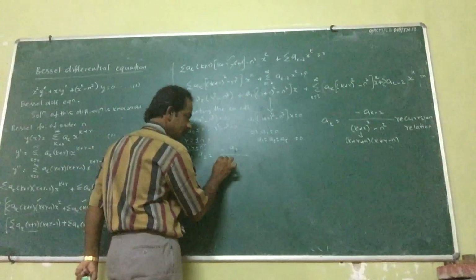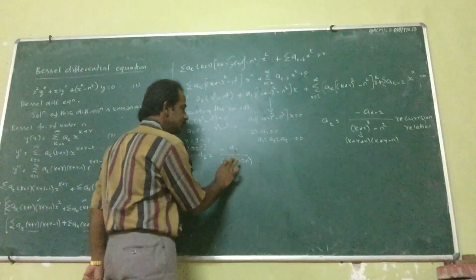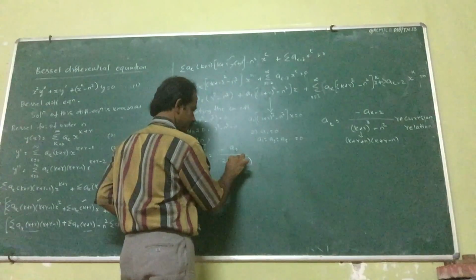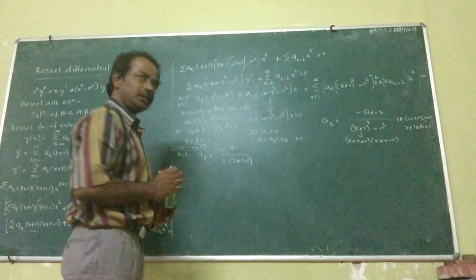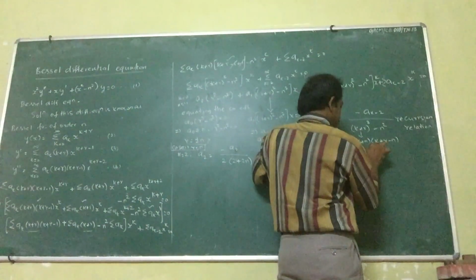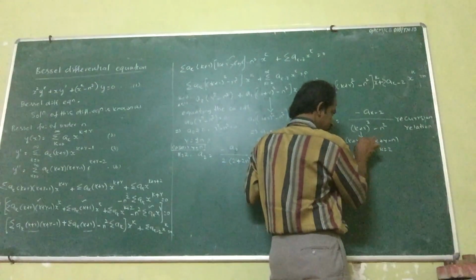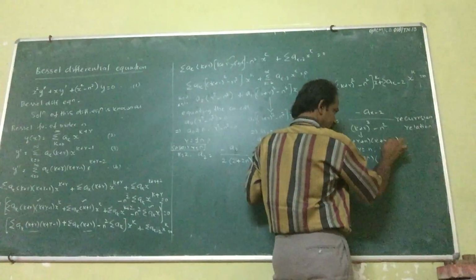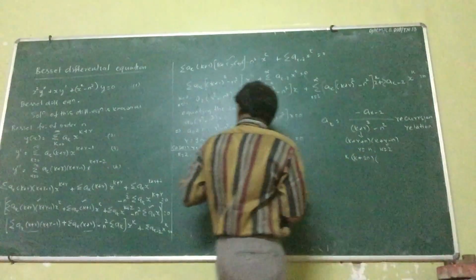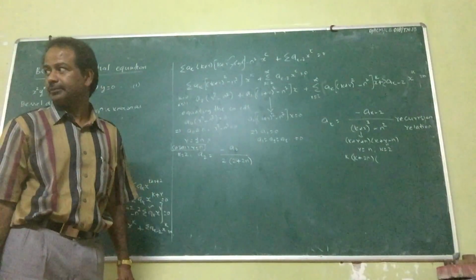So this becomes 2 into 2 plus 2n. Say r equal to n, k equal to 2. So this becomes k plus 2n, and if you substitute, n will cancel, you have k alone. So k into (k plus 2n). When k equal to 2, it becomes 2 into (2 plus 2n).